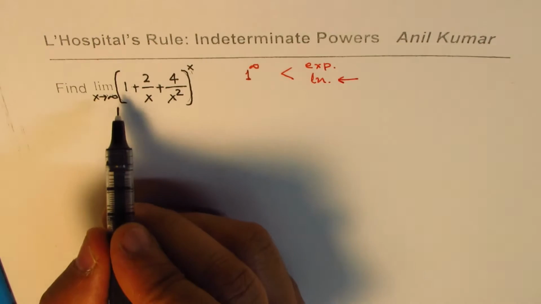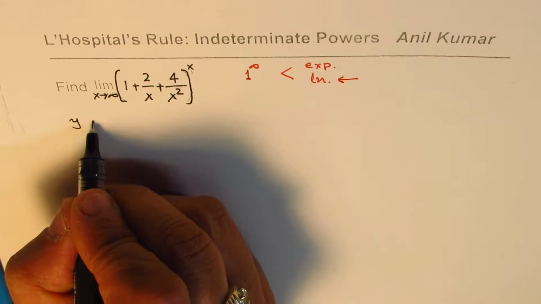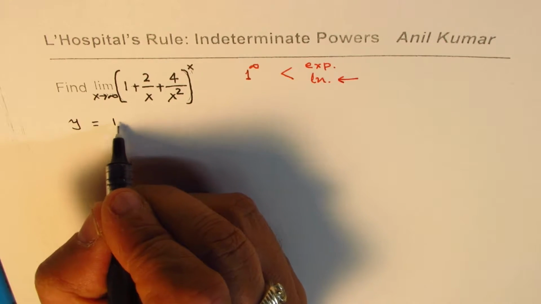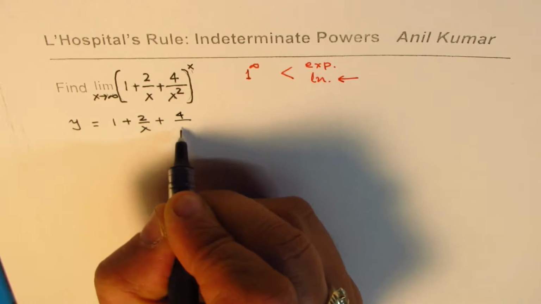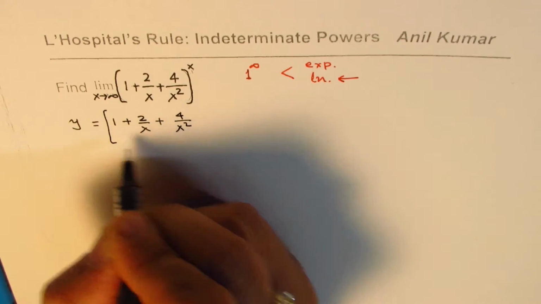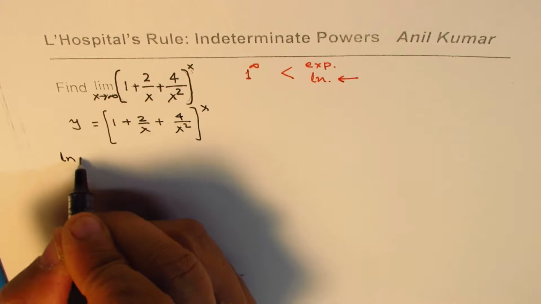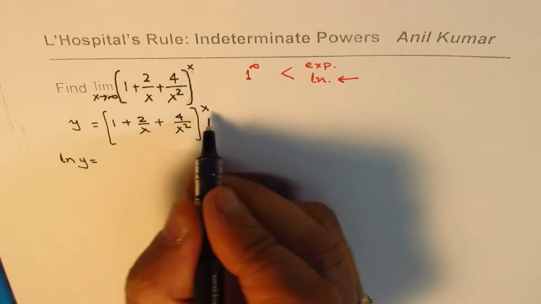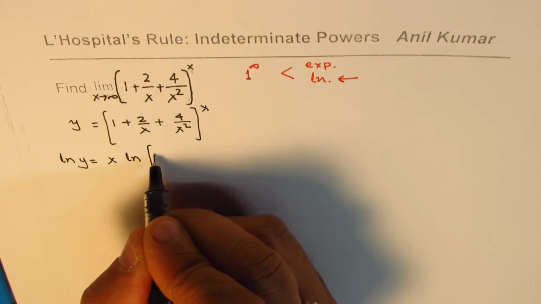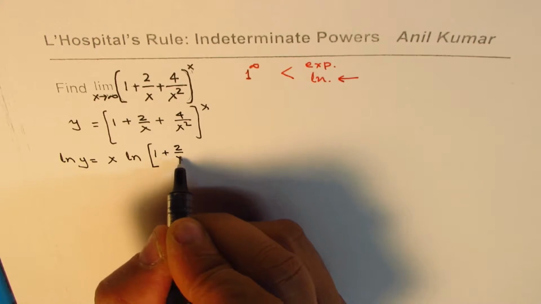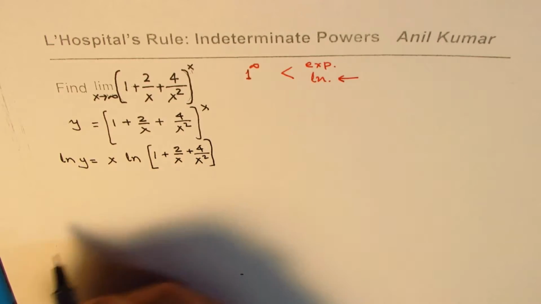We begin by writing the function as a variable y, for example. So y equals 1 plus 2 over x plus 4 over x squared, to the power of x. If I take natural log on both sides, that is ln y equals x times ln of 1 plus 2 over x plus 4 over x squared.